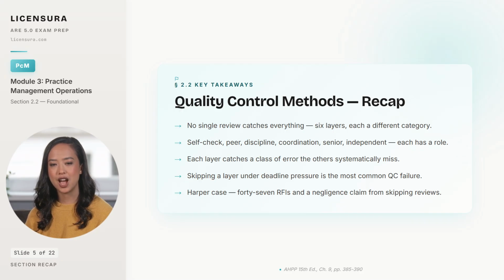Fourth, the most common QC failure mode is skipping a layer under deadline pressure, because the deadline always feels more urgent than the error that has not surfaced yet. And fifth, the Harper case is the canonical illustration. 47 RFIs in 30 days, and a negligence claim from skipping reviews. It sits on the exam because it shows the exact cascade firms produce when they treat layered review as optional.